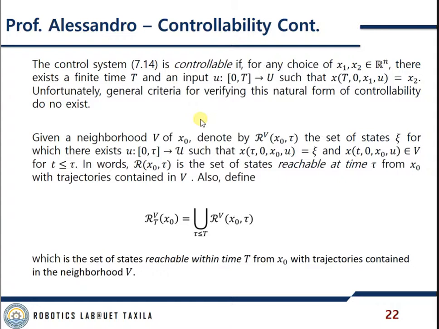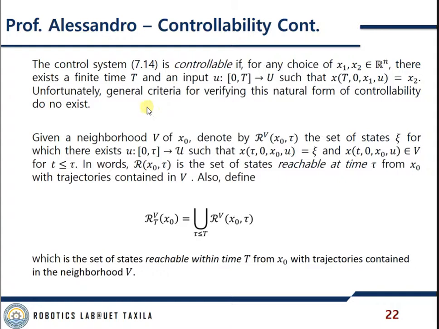So it means that if you start from the initial condition x1 at time 0, you are going to reach x2 within the duration of time t, and there is a u defined for that. Unfortunately, the general criteria for verifying this natural form of controllability does not exist.